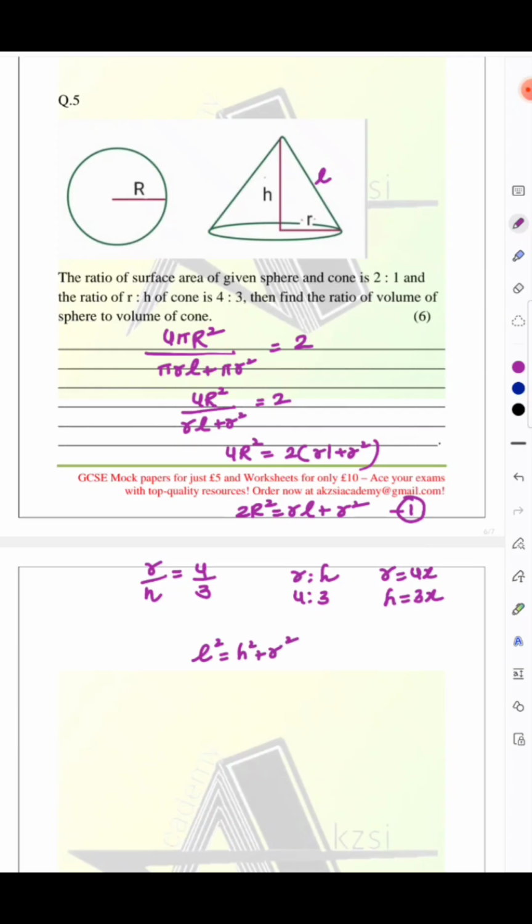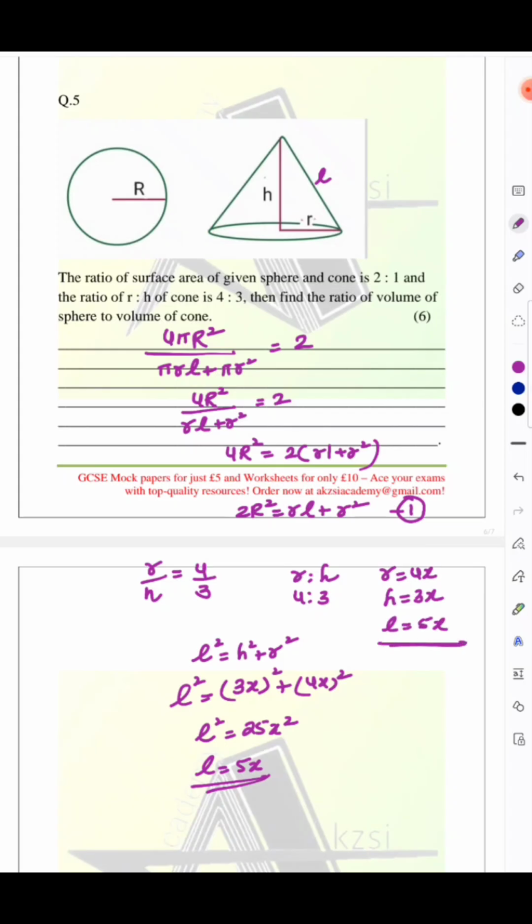Now h is 3x, whole squared, plus r is 4x, whole squared, equals L squared. And L squared equals 16 plus 9, which is 25x squared. On taking the root, L will be 5x. So now we have calculated everything in terms of x.